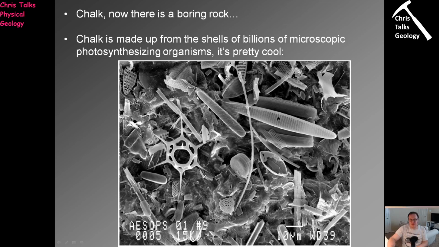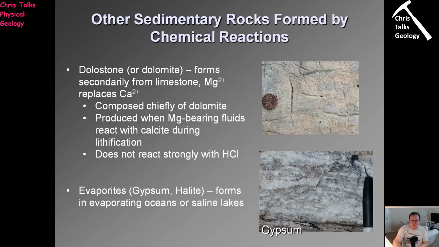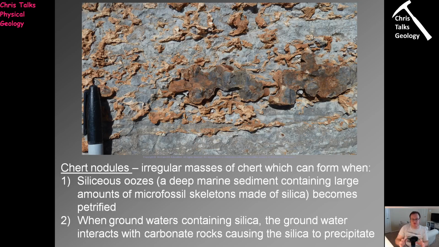Imagine that instead of being made of calcium carbonate, they were made of silica, SiO2. And so imagine you built up a whole load of those, and they ended up forming this layer of what we refer to as a siliceous ooze. Well, if you liquefy that in the correct way, you petrify it, that siliceous ooze can turn into chert, a layer of chert.